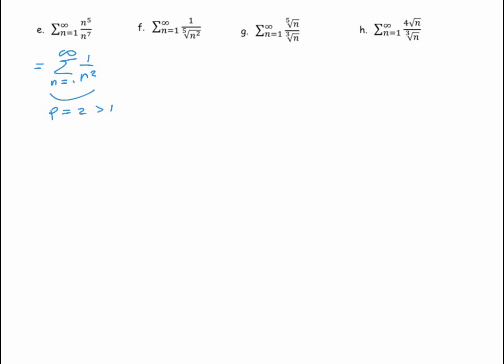So this converges. You want to be able to rewrite radicals into exponential form. So I would write this as 1 over n to the 2/5, and of course, p in this case would be 2/5, which is less than or equal to 1. So therefore, it diverges.